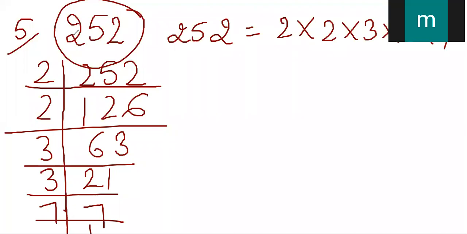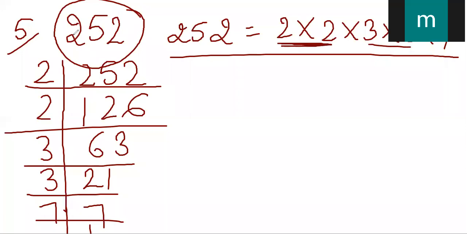We need to tell by which number this number should be multiplied. It's clearly visible. 2 is 2 times, 3 is 2 times, but the 7 is single here, right? So we should multiply the given number by 7.